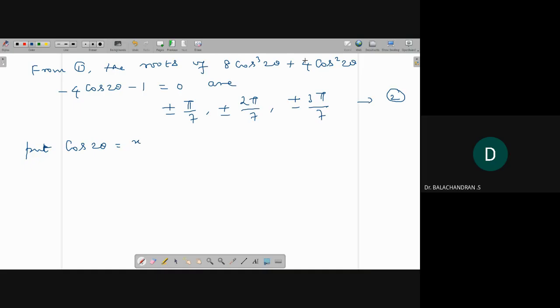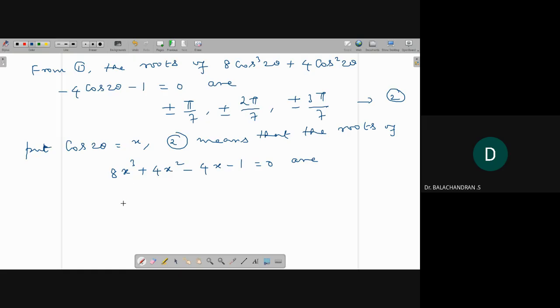That means the roots of the equation 8x cube plus 4x square minus 4x minus 1 equal to 0.